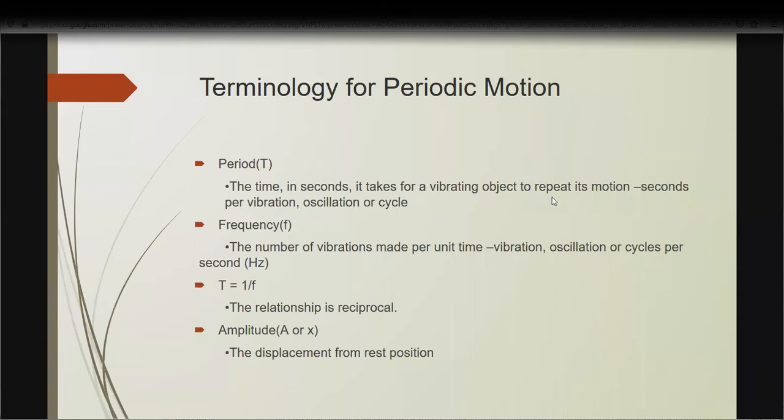Simple harmonic motion means that there is a periodic pattern and the variation of the displacement is always a sine curve or cos curve.